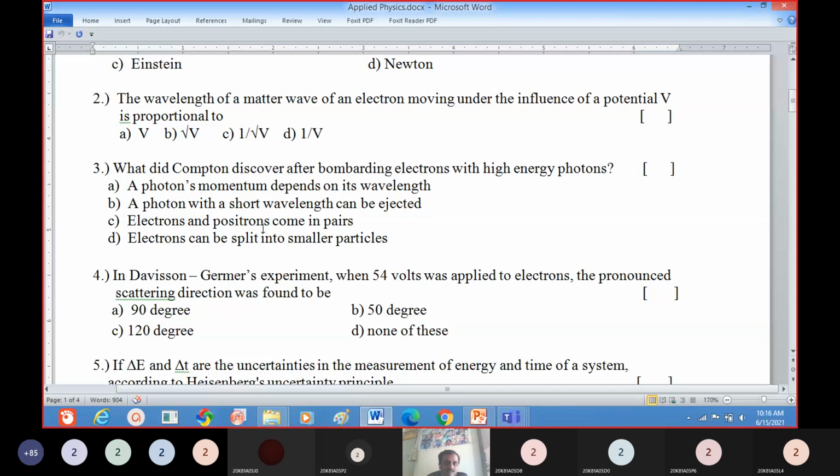So what is the definition of positron? What is the meaning of positron? No, that is not positron. Positron means it has similar properties to the electron, but it will have the opposite charge of the electron.